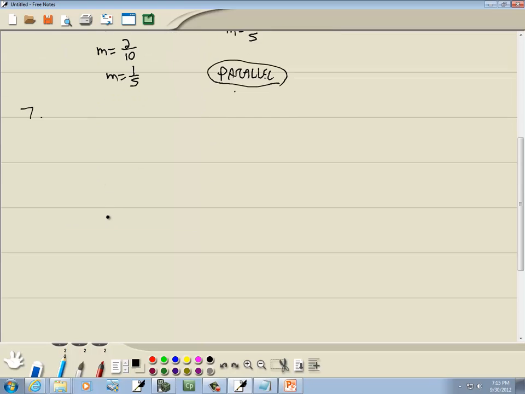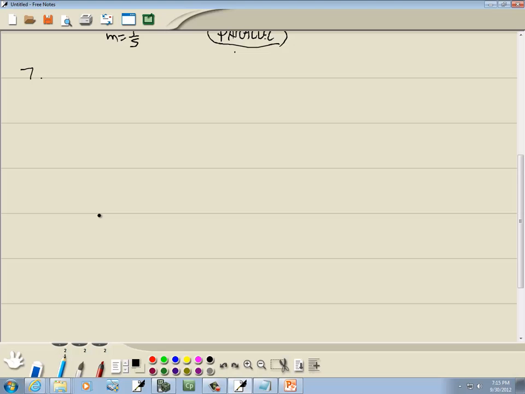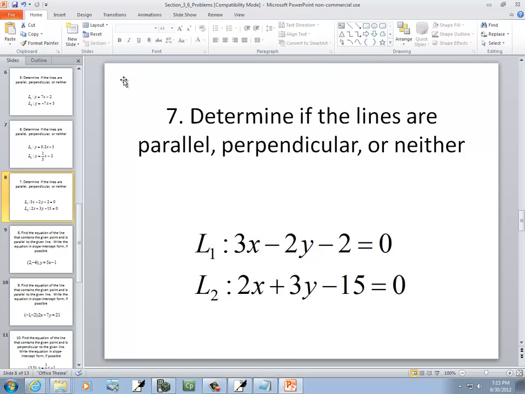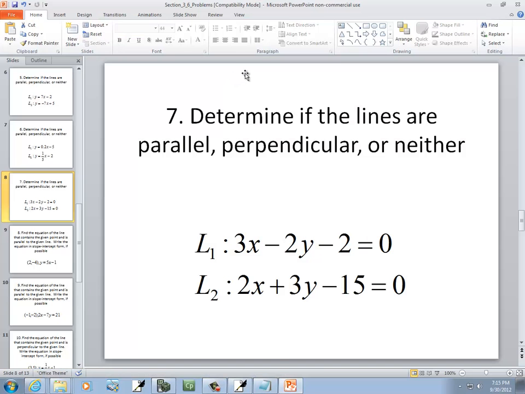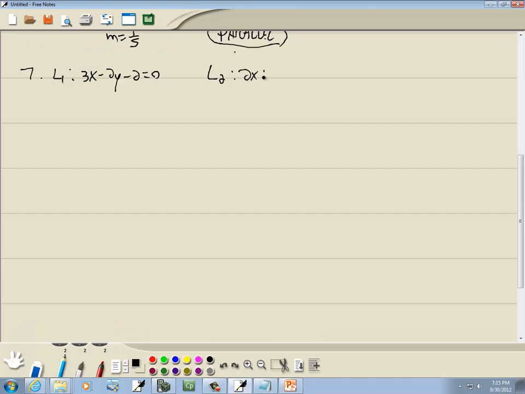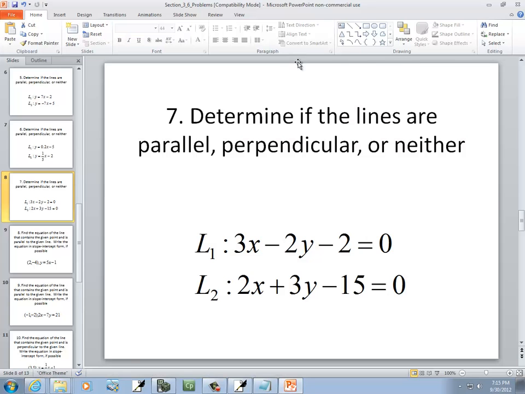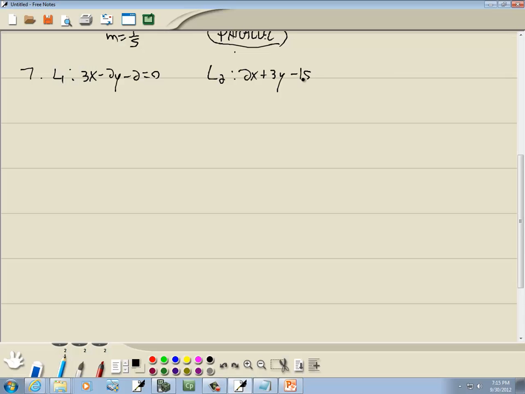Let's look at this one. First one is 3x minus 2y minus 2 equal to 0. And next one is 2x plus 3y minus 15 is equal to 0. Well, we have to find out the slope of these so we can determine whether they're parallel, perpendicular, or neither. So easiest way is to solve for y.